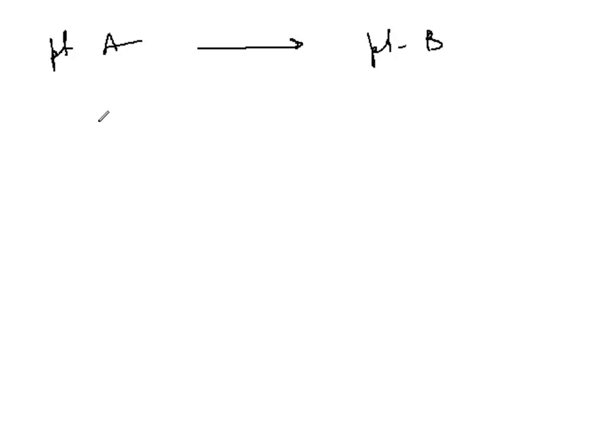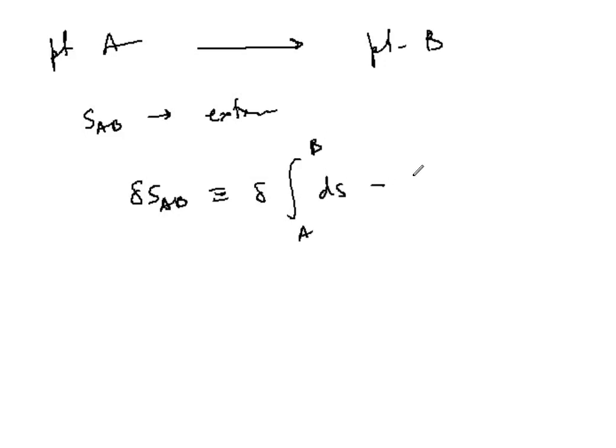Geodesic. So the length SAB is an extremum. So this means that any infinitesimal variation does not change the length. So let me write it down as SAB, defined as the integral from A to B of ds, is equal to 0.